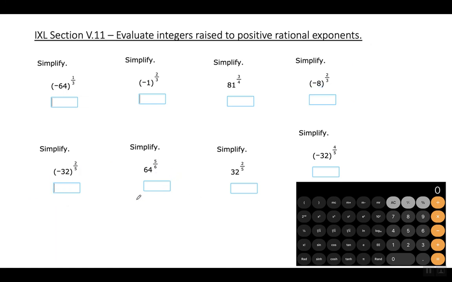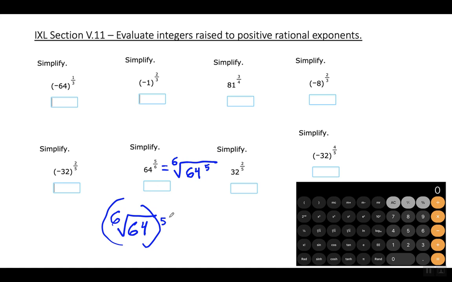All right, over here, I got to get the sixth root of 64 to the fifth power. This one you should definitely use a calculator for all of it, probably, most of you. So first, get the sixth root of 64.